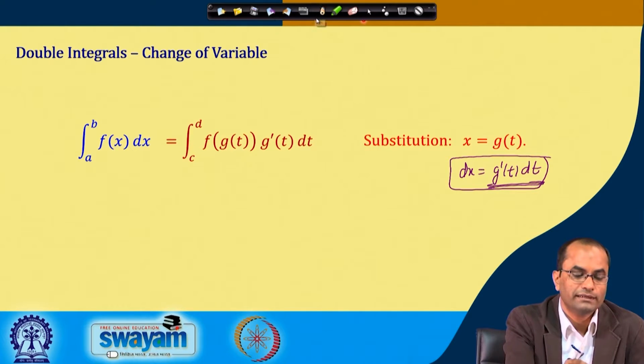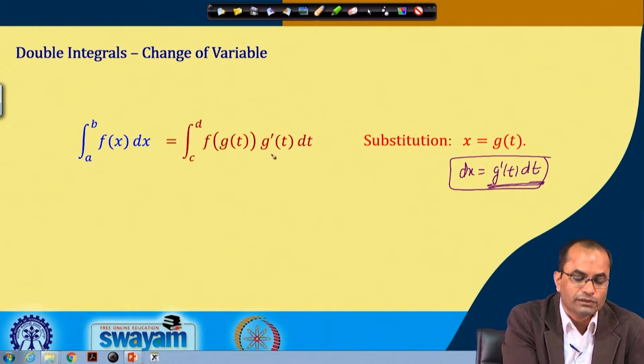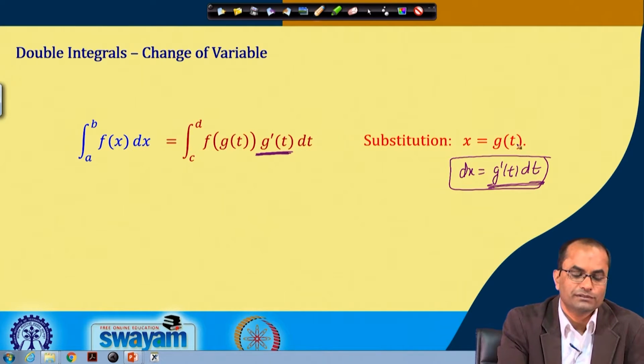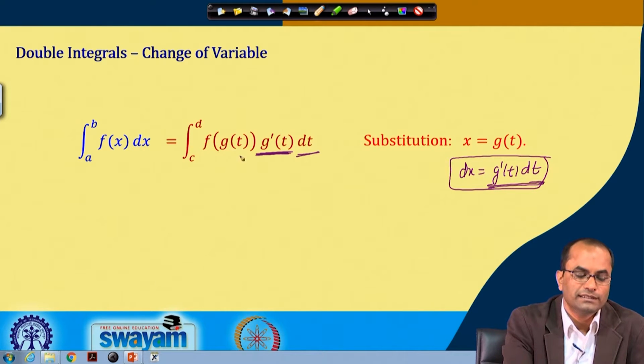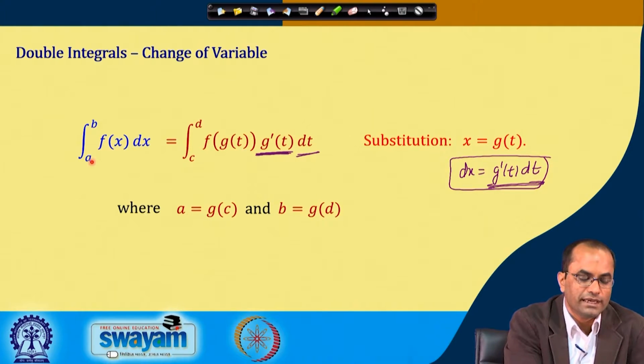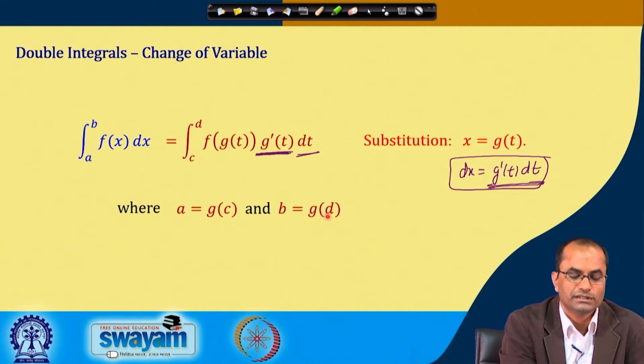So, that is again here to recall that we got now something else here, which in case of the single integral is g prime, the derivative of this g, and then dt, and these corresponding limits will be computed again from this substitution only. So, this a is going to be g of c, and this b is nothing but g of d.